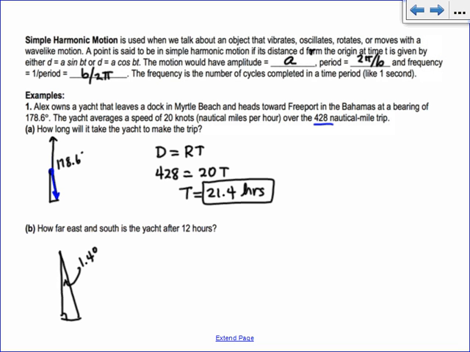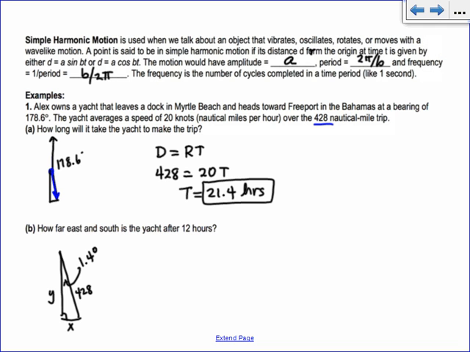And we know that it's going a total of 428 nautical miles, and we want to know how far east and south it is. So we want to know both x and y. Usually I put y as the vertical and x as the horizontal. Okay, and we can find those. Just use SOHCAHTOA. That's it.